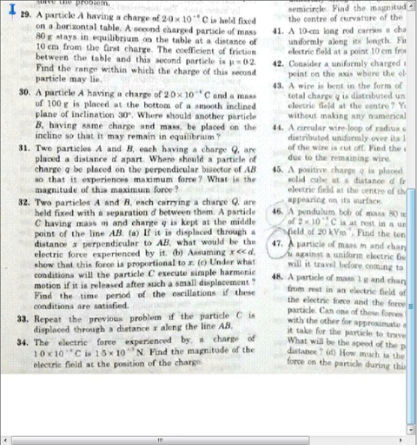It obviously stays in equilibrium because it is being restricted by some other force, which is the frictional force, because in the very next sentence we have the coefficient of friction between the table and this second particle is 0.2. So we need to find the range within which the charge of the second particle may lie.